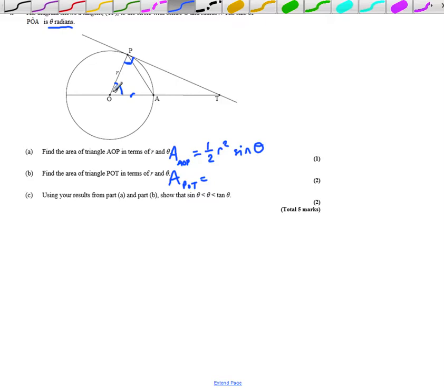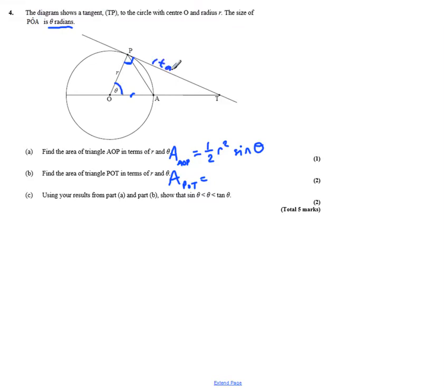Well, that's a theta, and that's an r, and therefore this is going to be r tan theta.